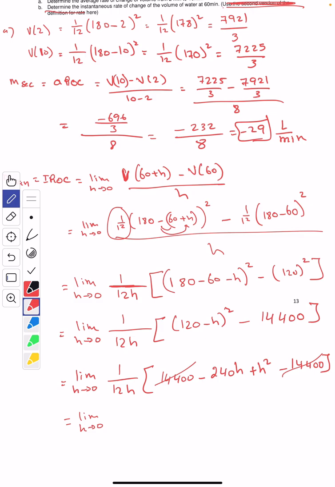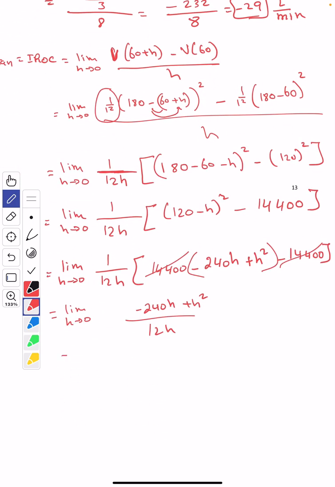So what I'm going to do is take this and multiply it by the 1/12, just so I have the 12h here in the denominator. Now you see that the h factors out, and you'll be left with (negative 240 plus h) over 12h.